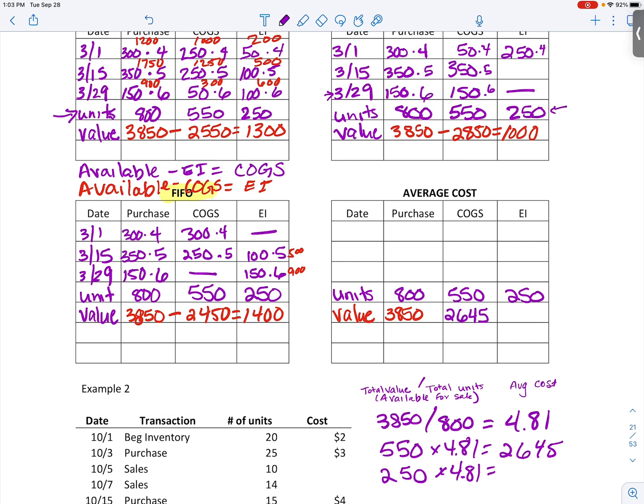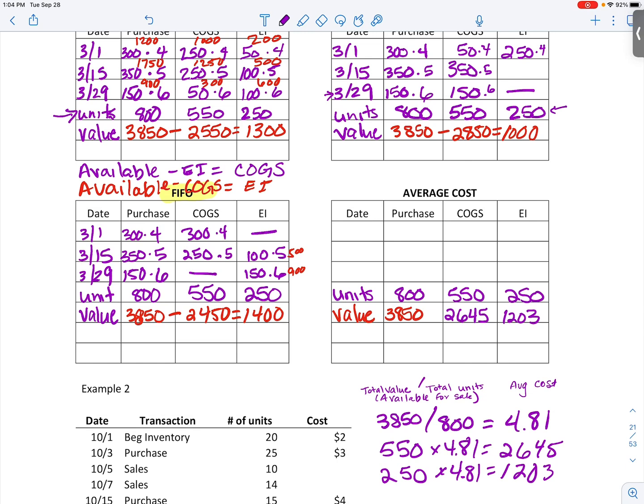And that's going to equal around, this is a little bit of rounding issues to it, because these numbers should equal this number. We're off by a little bit, and that's again due to rounding. Don't worry about that.